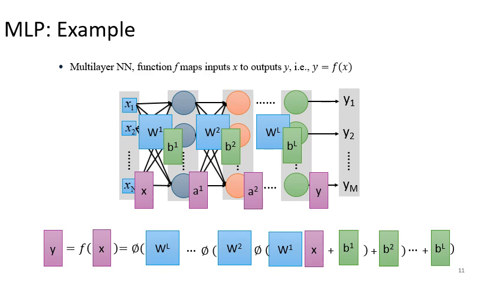So we propagate the signal from the first layer to the last layer, and we replace all the weights and biases in each of the layers. So here WL, for example, means the matrix of weights in layer L, W2 is the matrix of weights in layer 2, and W1 is the matrix of weights in the first layer.